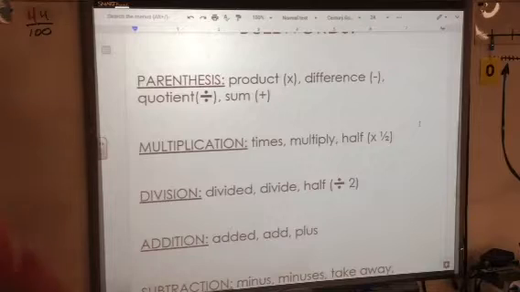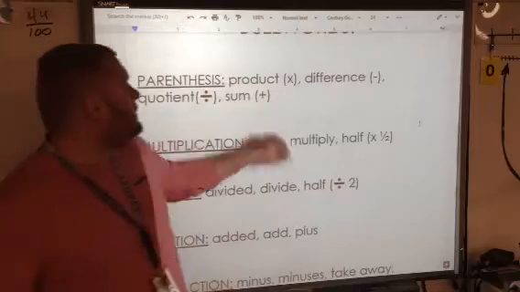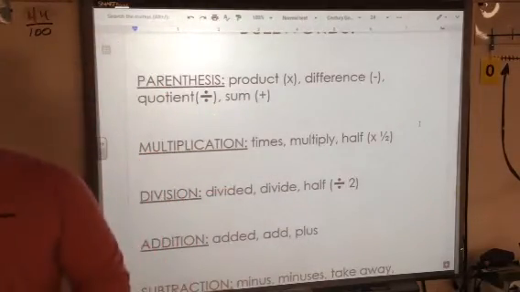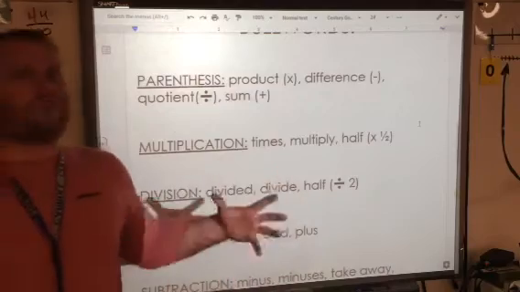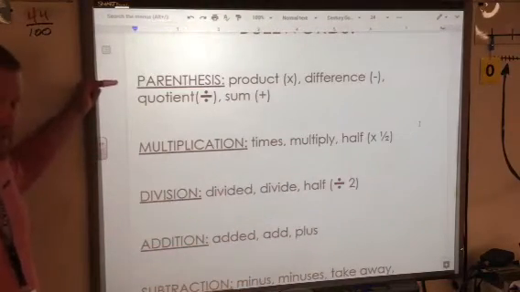Now there are some buzzwords, like I said, that attach themselves to those operations. So, for parentheses, whenever we hear product, difference, quotient, or sum, we think of the result of all those different operations, which means that they are inside parentheses.